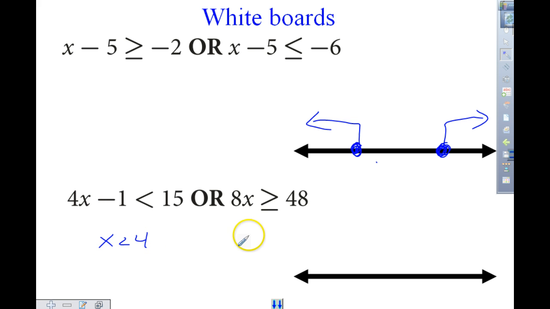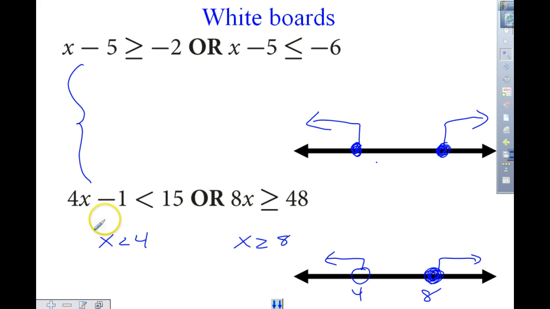This is going to be 8. So that one's open, this one's closed, just like that. You have all the work there, you did all the work to prove what the answers are. But you notice I got the graphs almost completed before even starting the work yet. Which one?